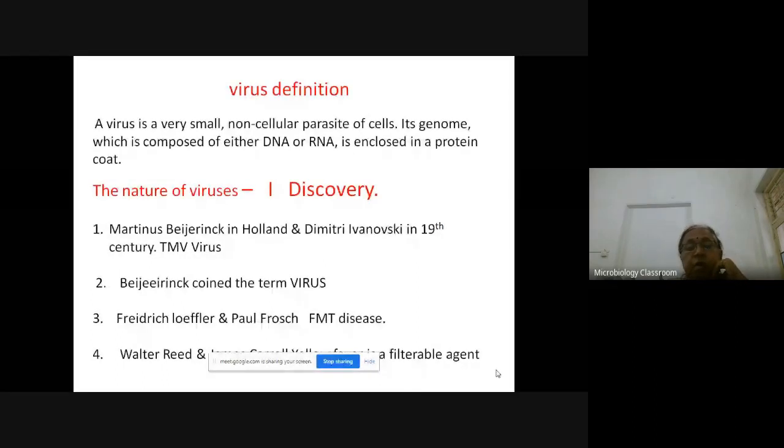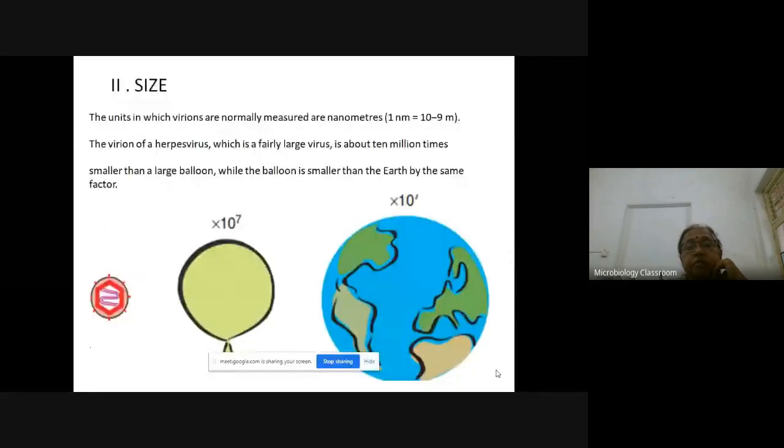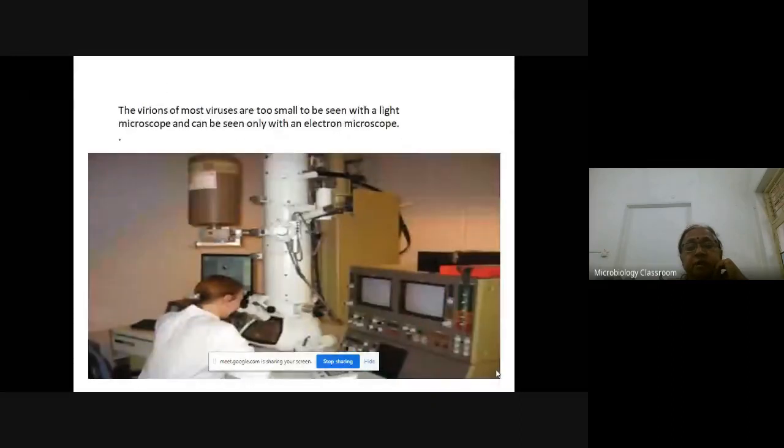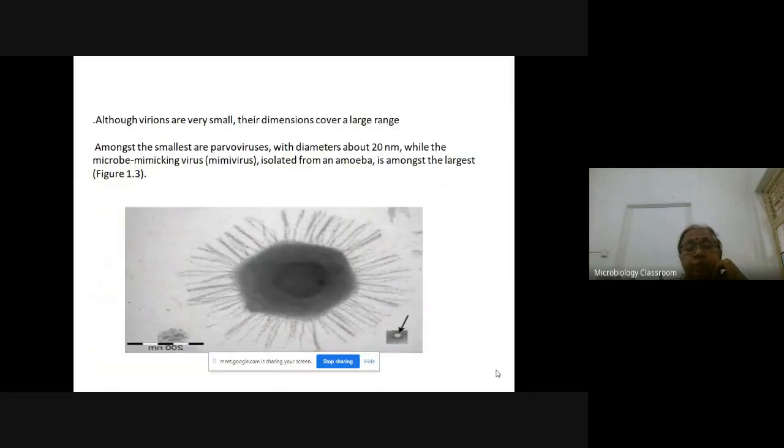So just in the last lecture, we had introduced the virus, its discovery, definition of the viruses, size of the viruses, and observation of the viruses, which can be done by electron microscope. We have also compared the sizes of viruses. They are measured in nanometers and cover a wide range of sizes.